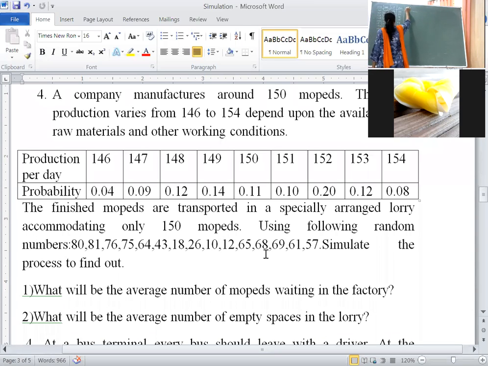Right now, write down random number interval. You know how to write random number interval. 4 should not be included. All numbers are 2-digit numbers. That's why you know how to write down.